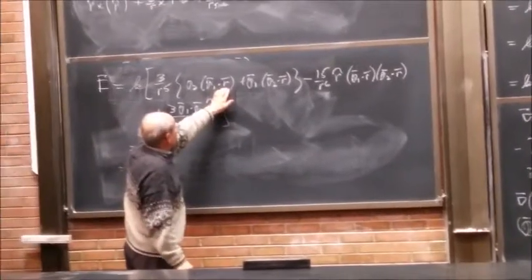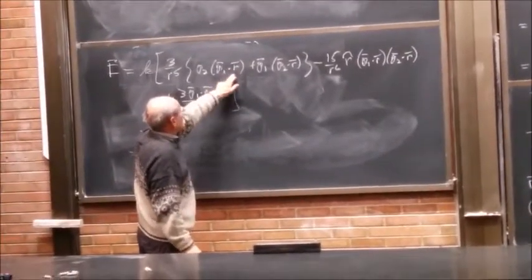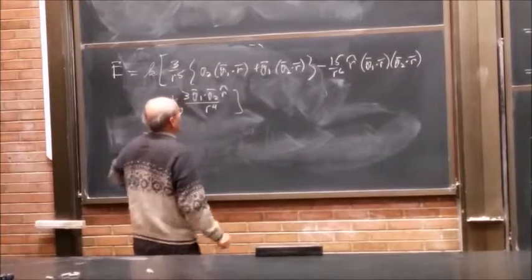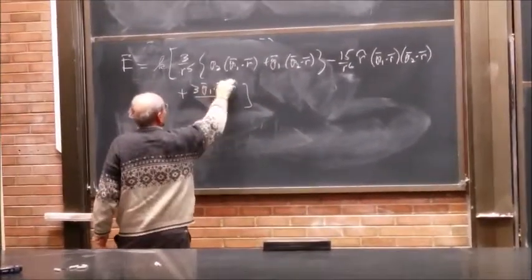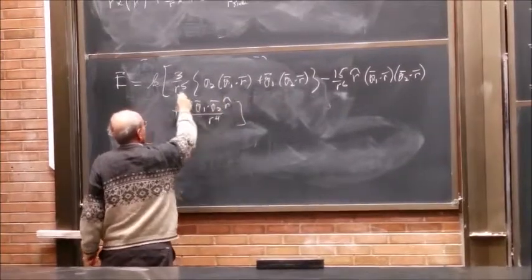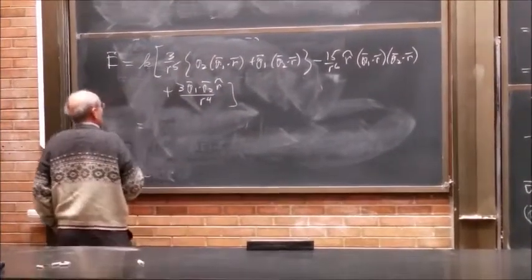Now r is r hat times r, and similarly here. So we can replace those by r hats and this by an r to the 4th.